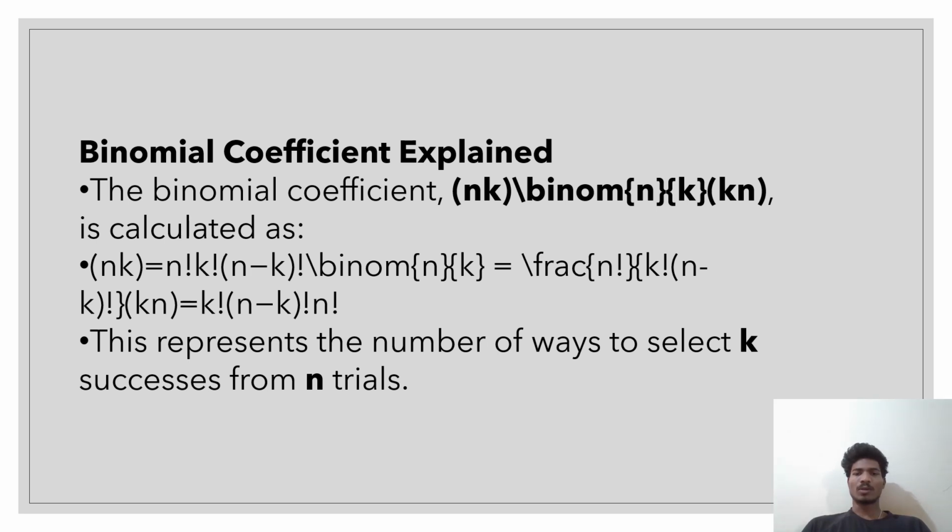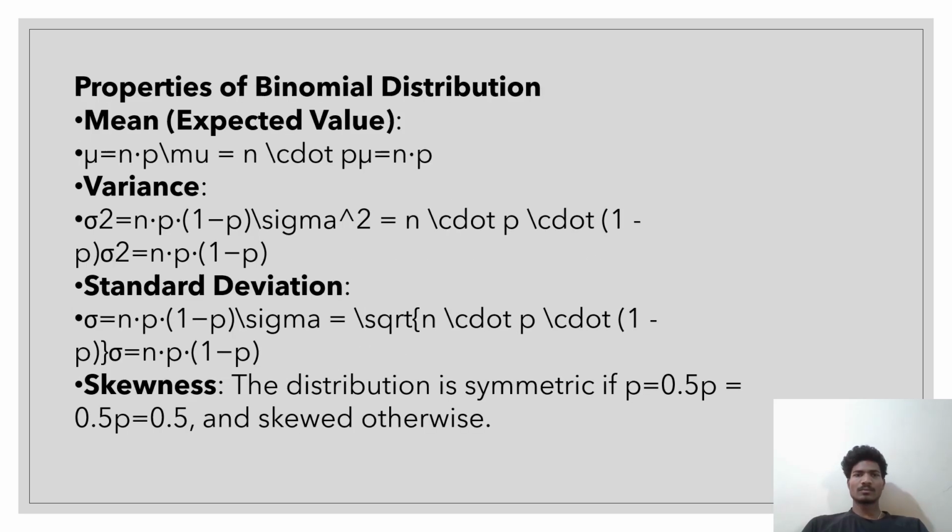This represents the number of ways to select k successes from the n trials. Here are the properties of binomial distribution: mean, variance, standard deviation, and skewness.